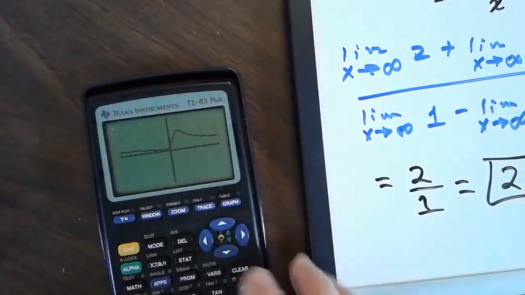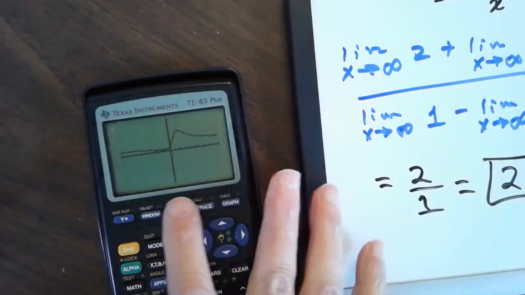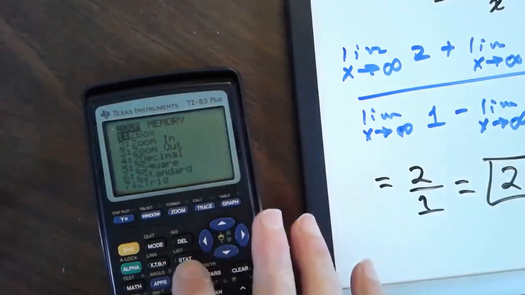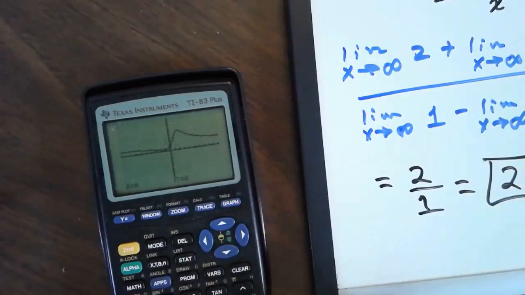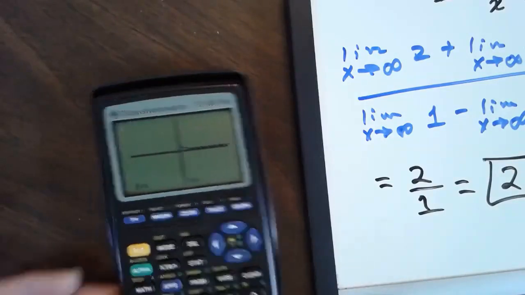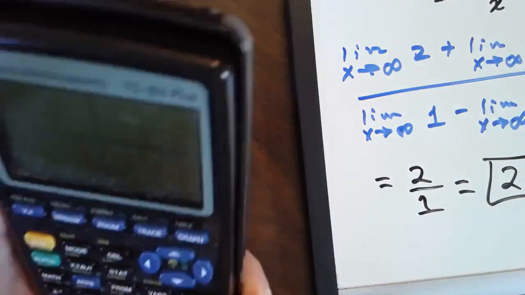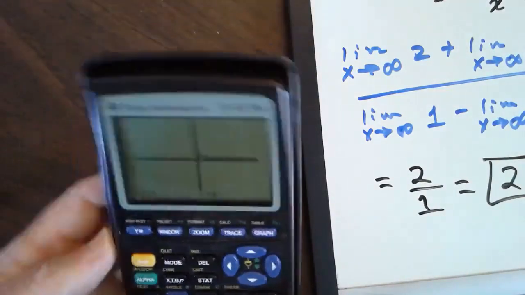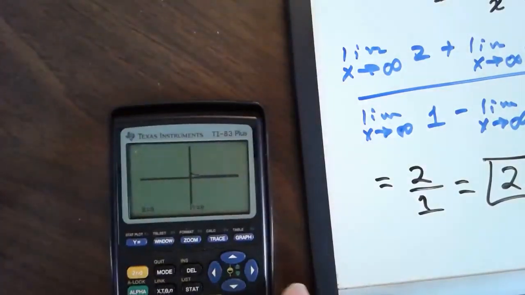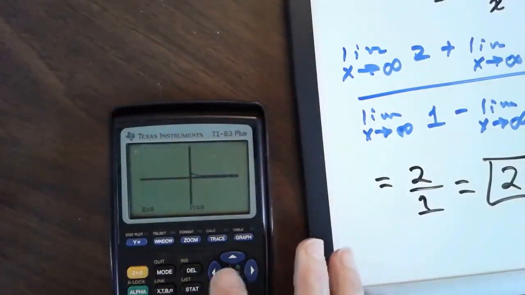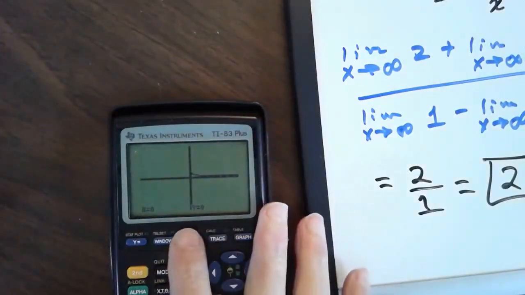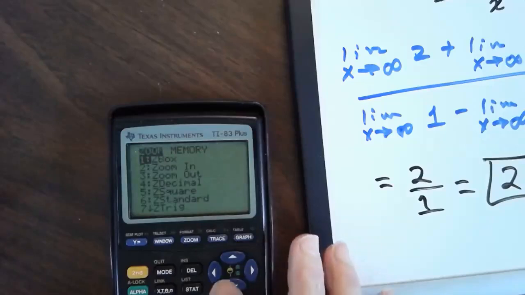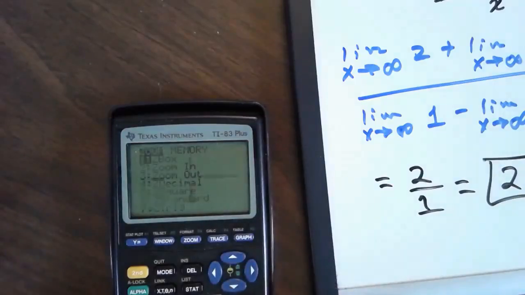You can see that if we were to zoom that out some more, the graph is going to go, maybe not quite that much. Bring it back in.